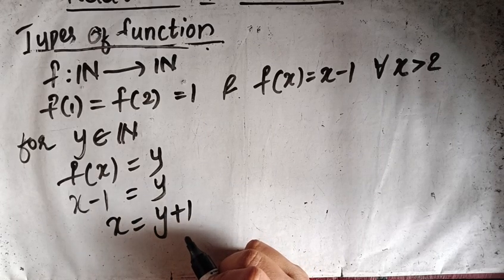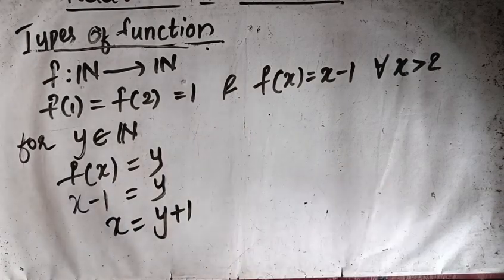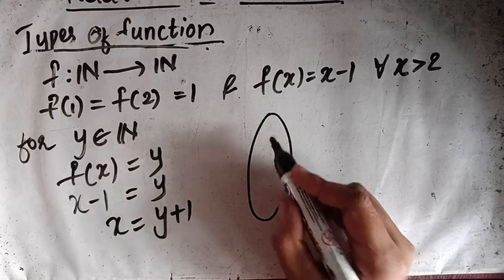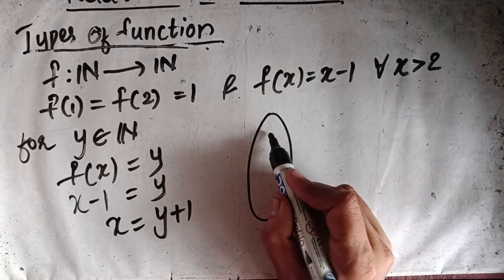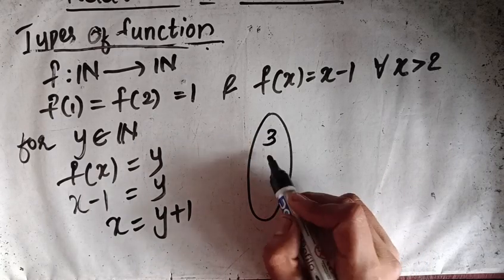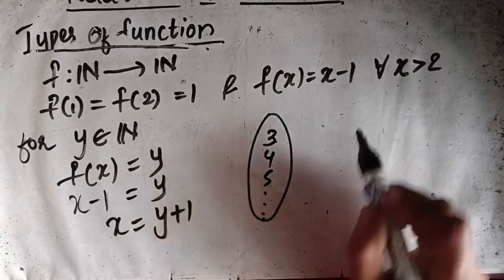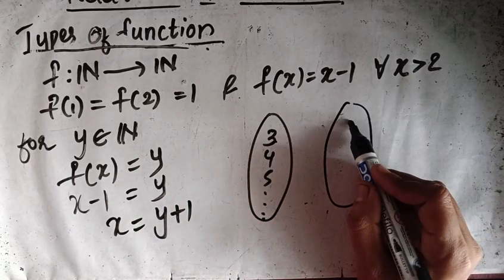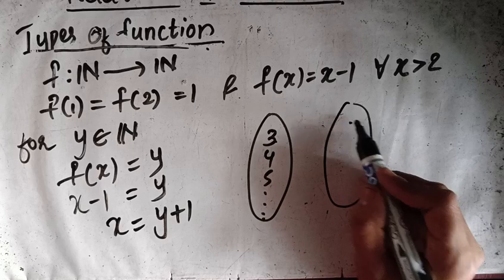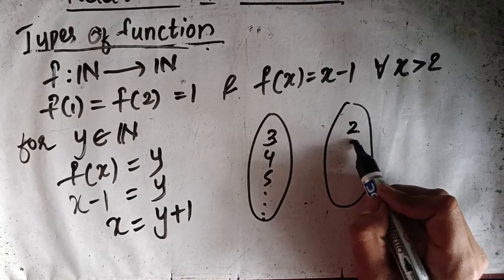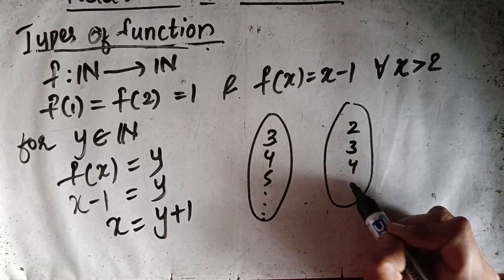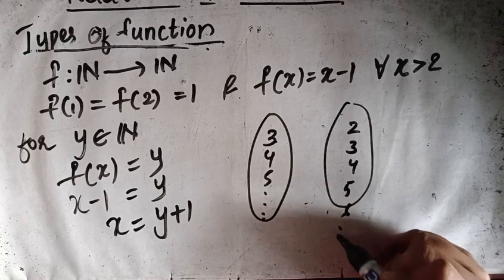If you take in general, x starting from 3, 4, 5 and so on, then x minus 1 means here it is 2, 3, 4, 5, 6 and so on.